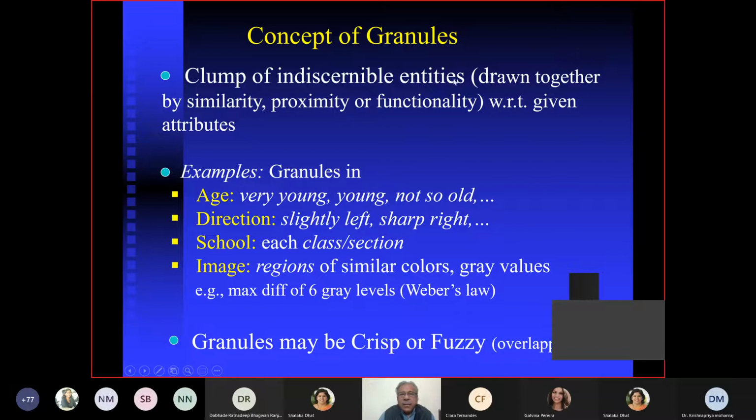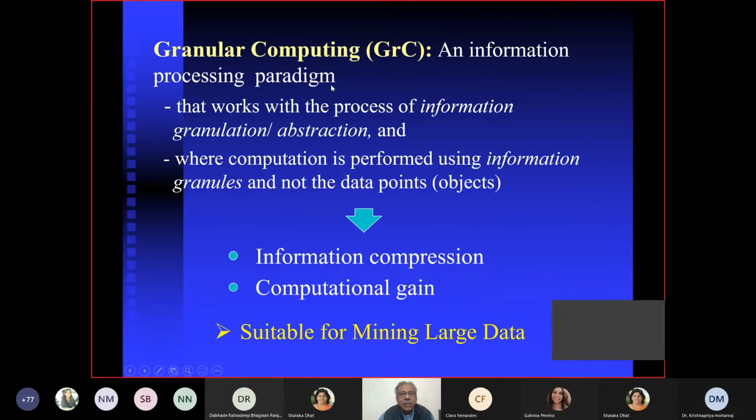Now, having these granules, whether it is a crisp granule or a fuzzy granule, granular computing means an information processing paradigm that works with the process of information granulation and abstraction. That means you have extracted information granules, or you have abstracted information from the data, and then you perform the computation based on these information granules, not data points. That means you forget about data.